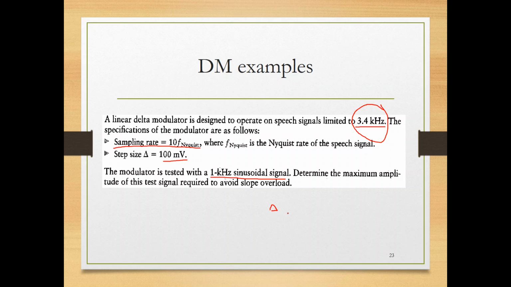You tell me delta over Ts must be greater than the derivative of m(t). What's m(t) here? The test signal, which is sinusoidal with 1 kilohertz. m(t) is equal to Am, which I don't know its value, the question is asking about it, multiplied by sine 2π multiplied by 1 kHz multiplied by t.